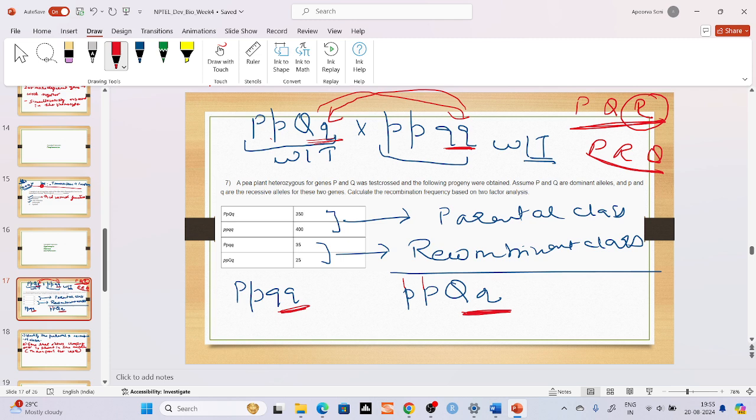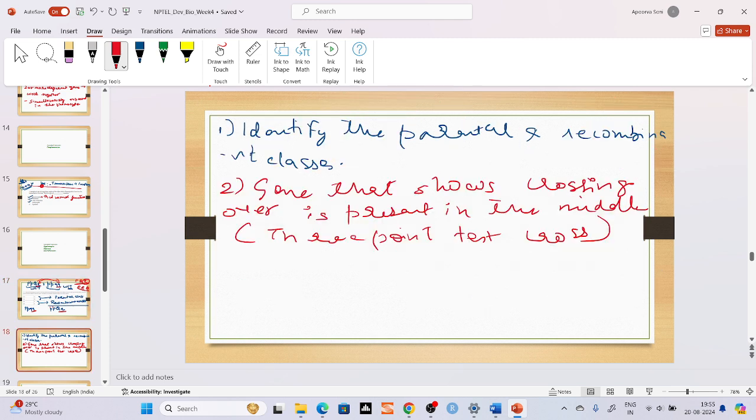So what is the formula for calculating your recombination frequency? The formula for calculating the recombination frequency is: recombination classes, that means classes that show recombination, upon total.